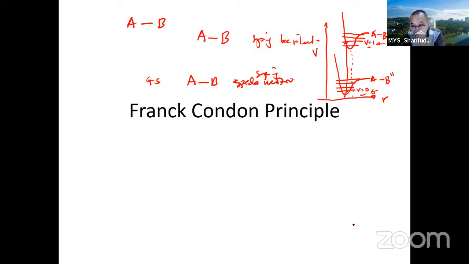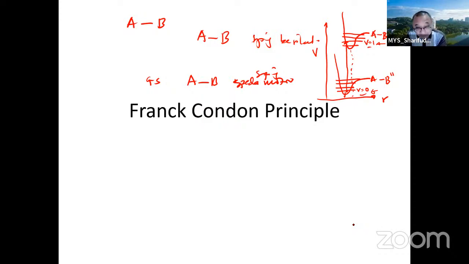It says that because the electrons are so light, electronic transitions are so fast compared to nuclear motion that the nuclear motion takes a while to adapt to the transition. Now, because it takes a while, the spectrum that results from the Frank-Condon principle is manifested right in front of you.